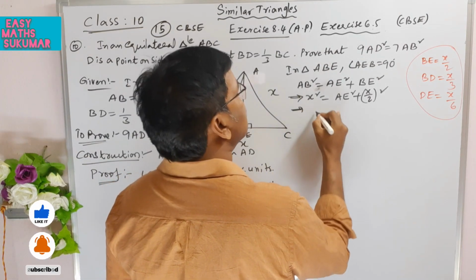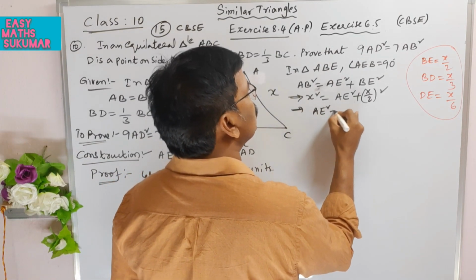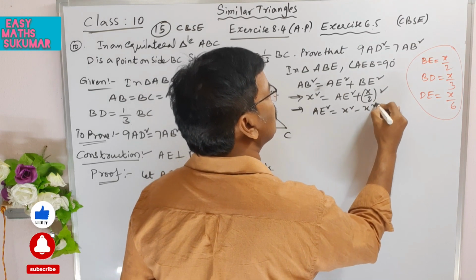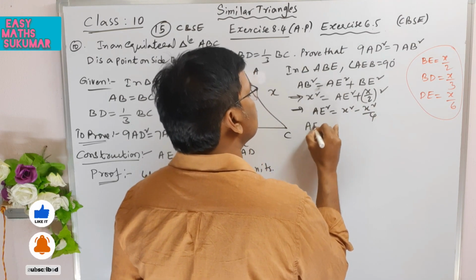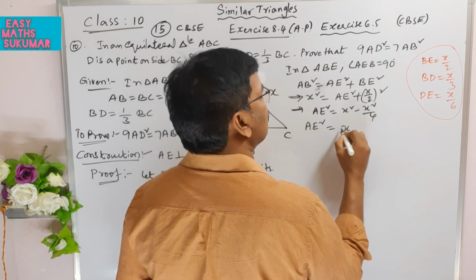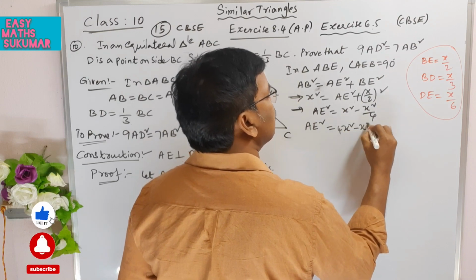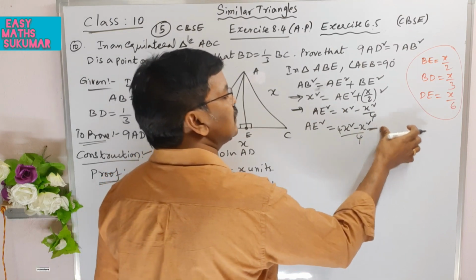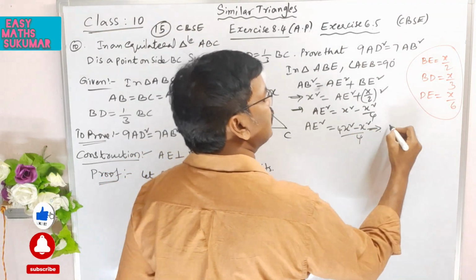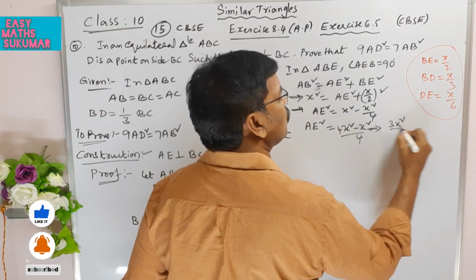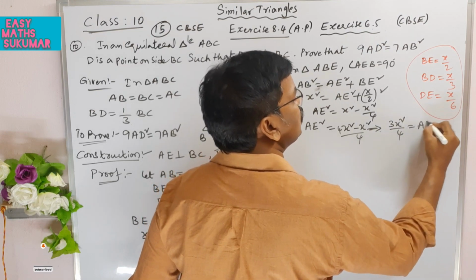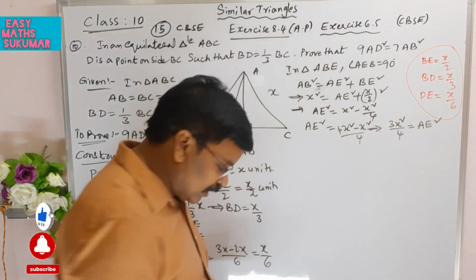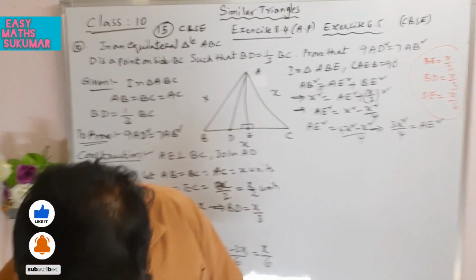So this implies AE square is equal to x square minus x square by 4. So AE square is equal to 4x square minus x square by 4. So this implies 4x square minus x square is 3x square by 4. This is equal to AE square. Now what is AE, my dear students?